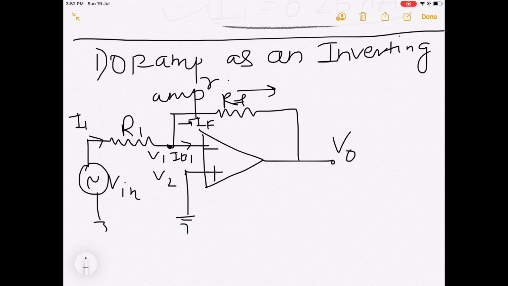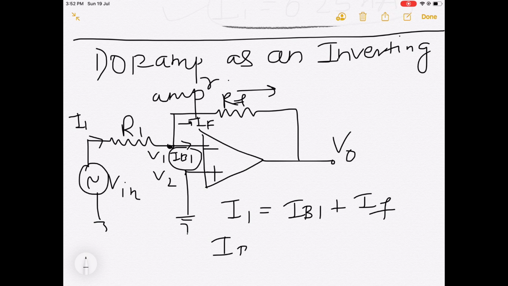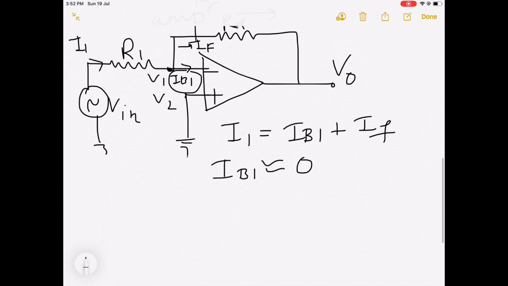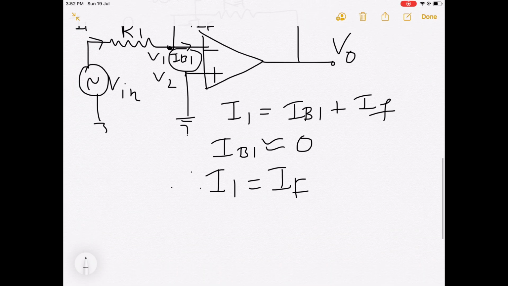As the input impedance of the op-amp is very high, this IB is approximately 0, but before that we can write I1 is equal to IB1 plus IF, but the input impedance of the op-amp is very large. So, IB1 can be approximately equal to 0, that is why I1 is equal to IF. Okay.